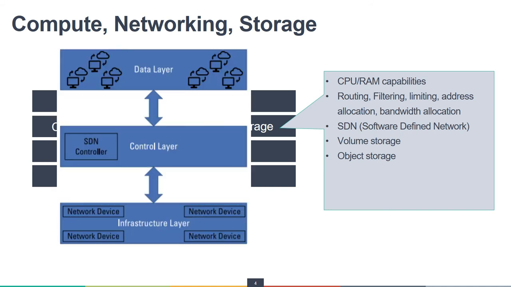So it has three different layers. One is the data layer, also known as the application layer. Control layer, this is also known as the control plane. Then we have the infrastructure layer, also known as the data plane.